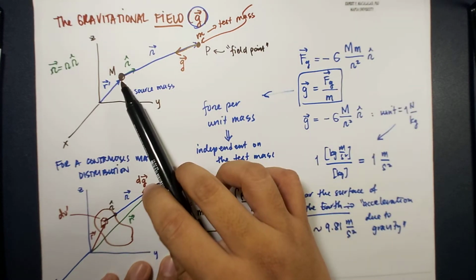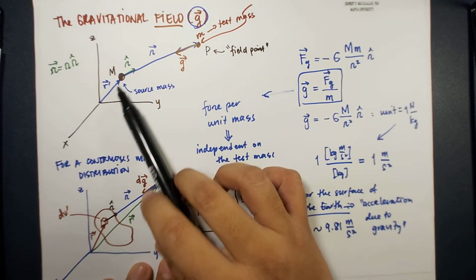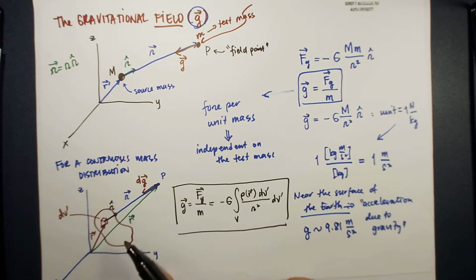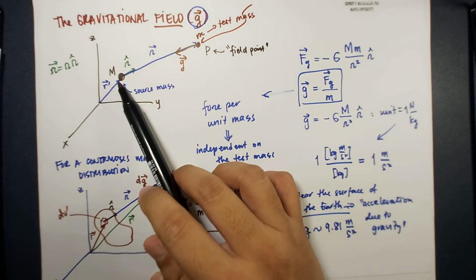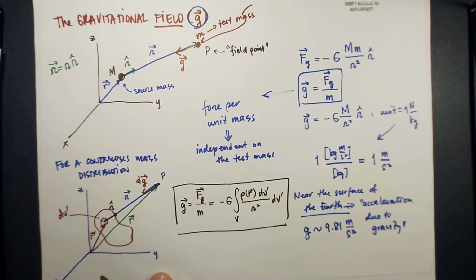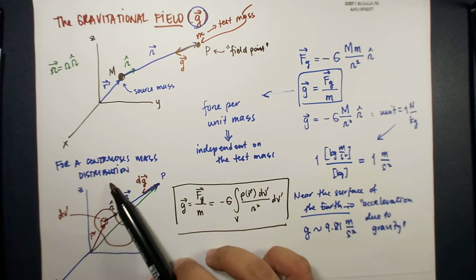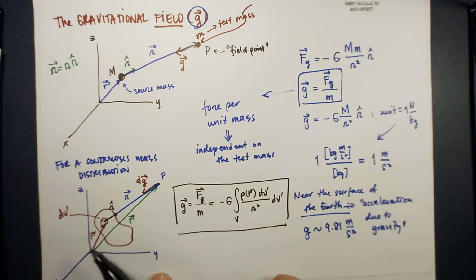Those source masses can either be a point mass or a collection of masses, maybe a collection of discrete particles or a collection of continuous mass in a specific volume.